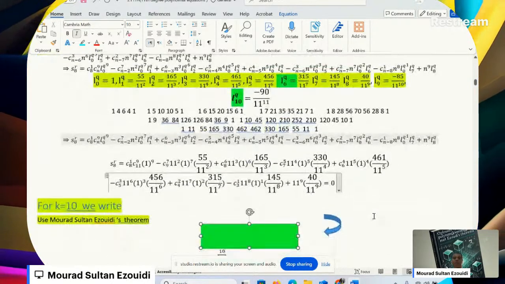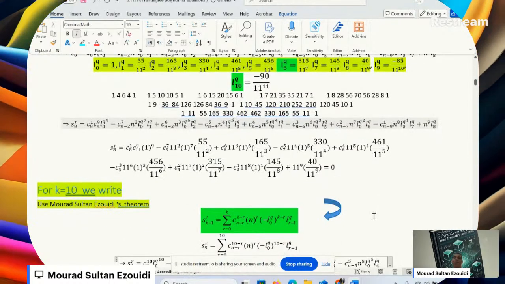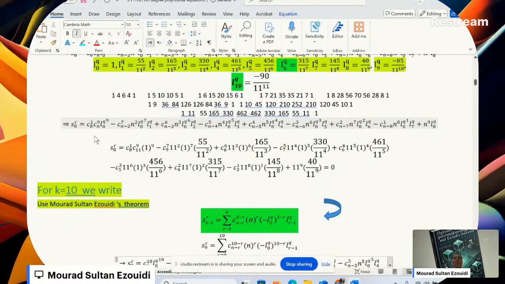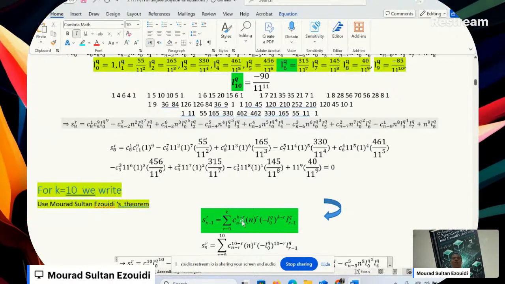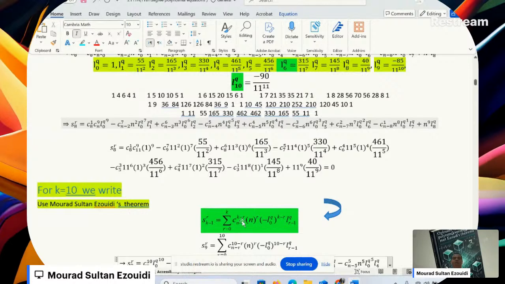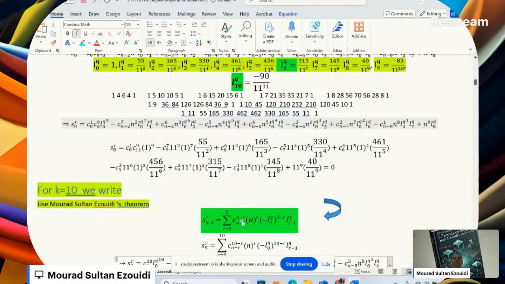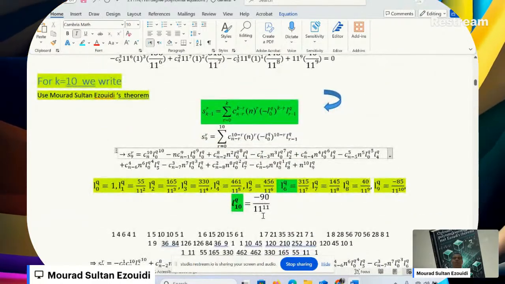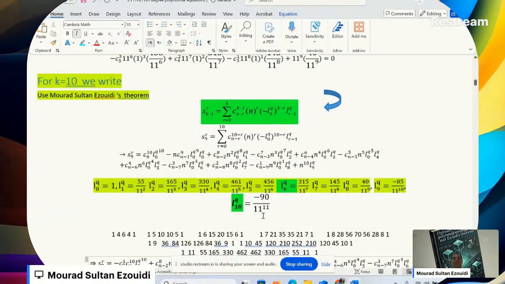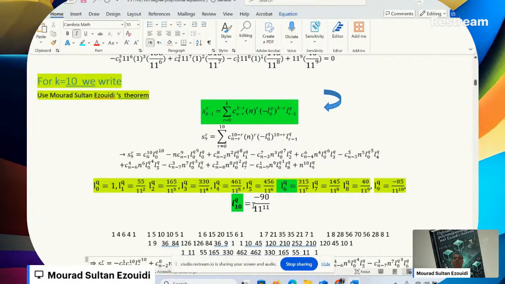Now, as S8 is equal to 0, I'm going to extend and put k equal 10 into this theorem, and I will obtain that S9 is equal to negative 90.